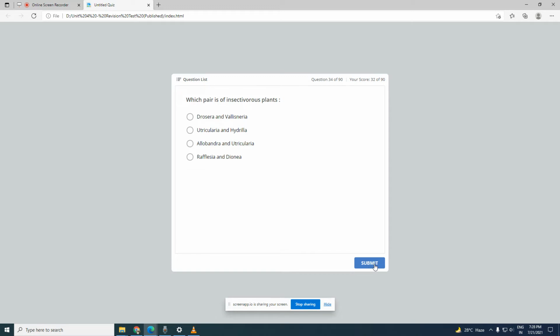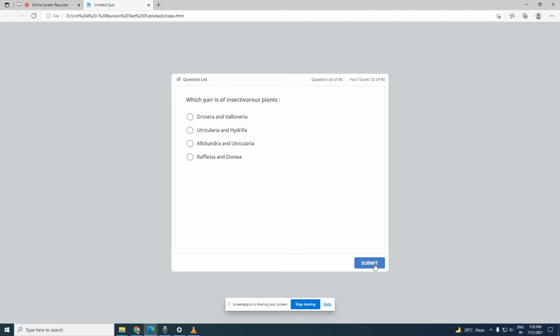Which pair is of insectivorous plants? So, what is the right pair? Is it Drosera and Vallisneria, or Utricularia and Hydrilla, or Nepenthes and Utricularia, or Rafflesia and Dionaea?